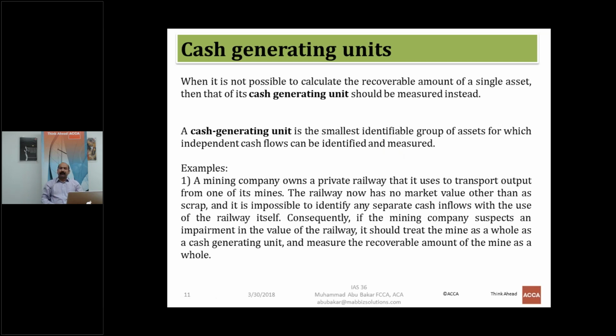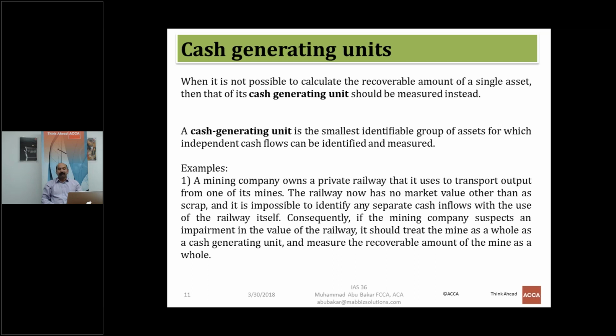For example, a mining company owns a private railway that it uses to transport output from one of its mines. The railway now has no market value other than as scrap, and it is impossible to identify any separate cash inflows with the use of the railway itself.